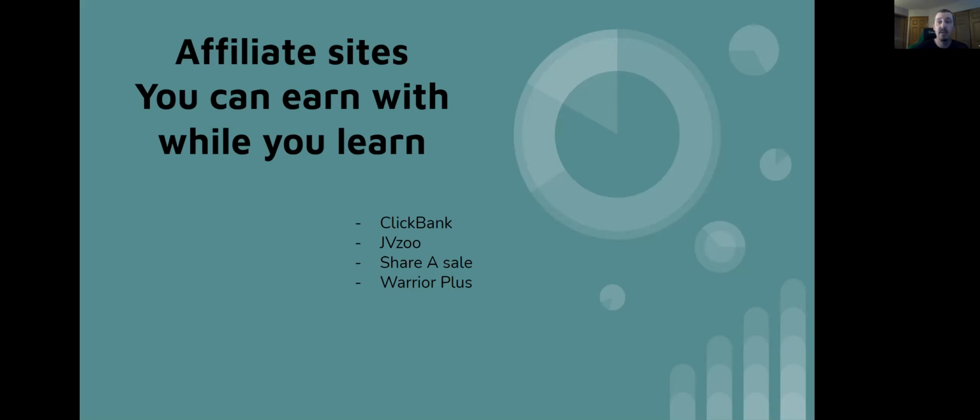Now, again, these are just 4. There are thousands out there. If you're curious, depending on what your niche is, whatever your passions and hobbies are, when you're at their websites, go all the way to the very bottom of the page and you'll see affiliates. If you see the affiliates link down there, that means they have some type of affiliate program that you can link with.